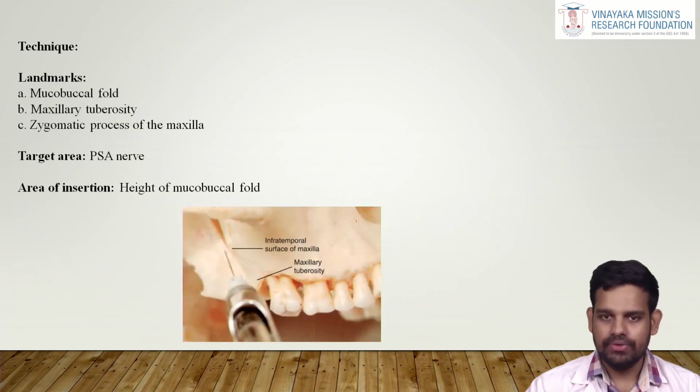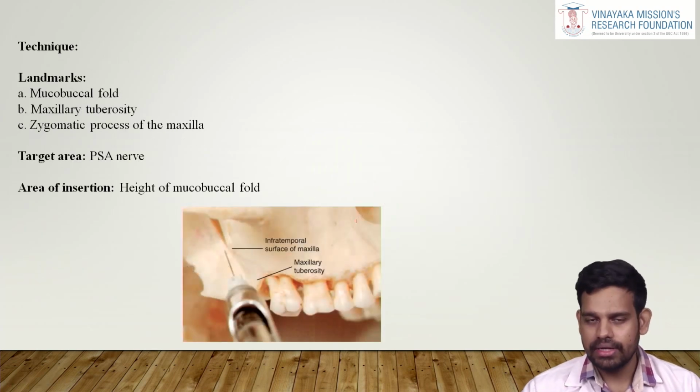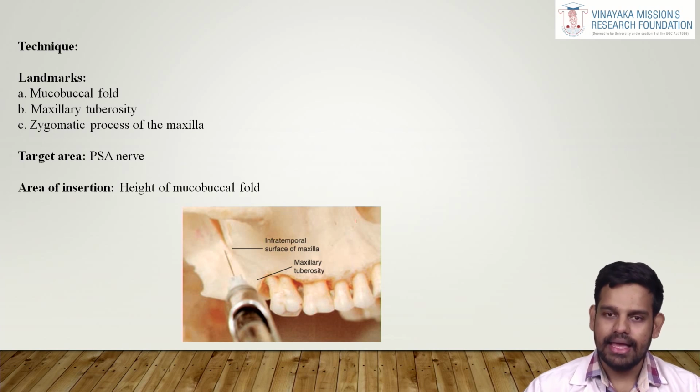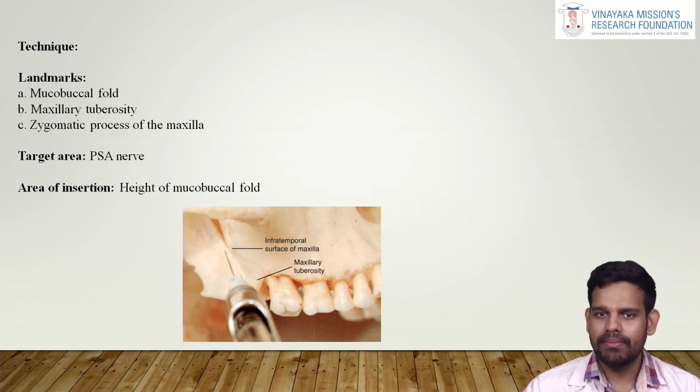The technique includes its landmarks and how we are going to inject the needle. The landmarks are the mucobuccal fold, maxillary tuberosity, and zygomatic process of the maxilla. The target area is the posterior superior alveolar nerve, and the area of insertion is the height of the mucobuccal fold, which is the posterior-most area to the last molar of the maxilla.